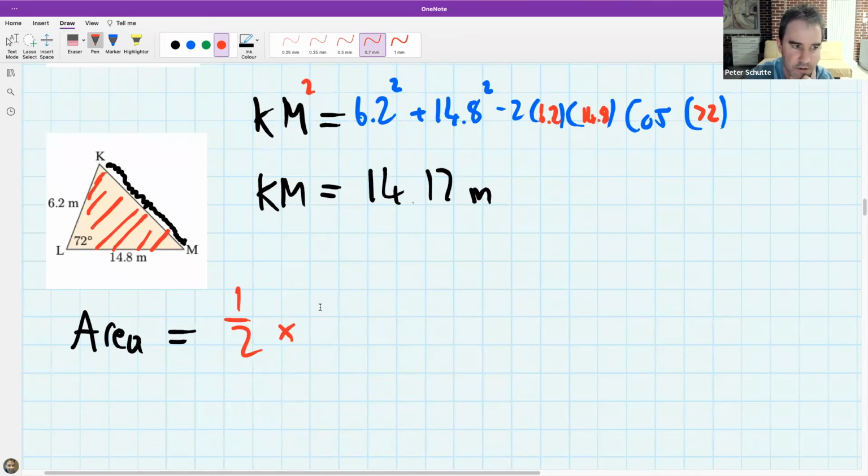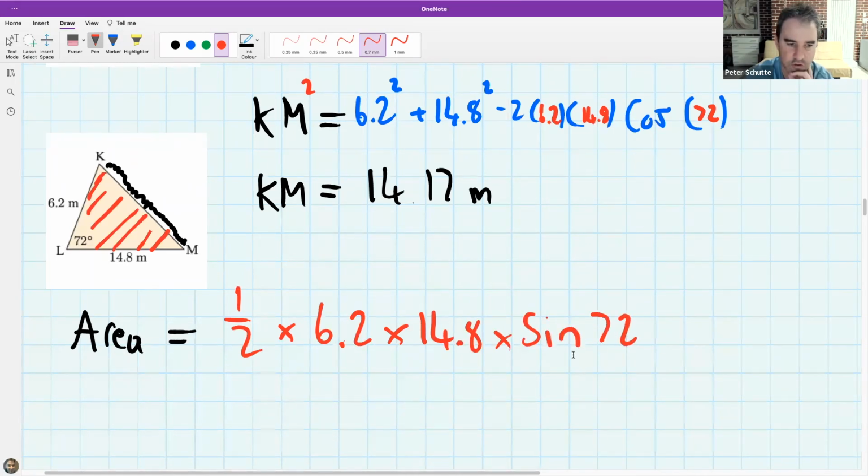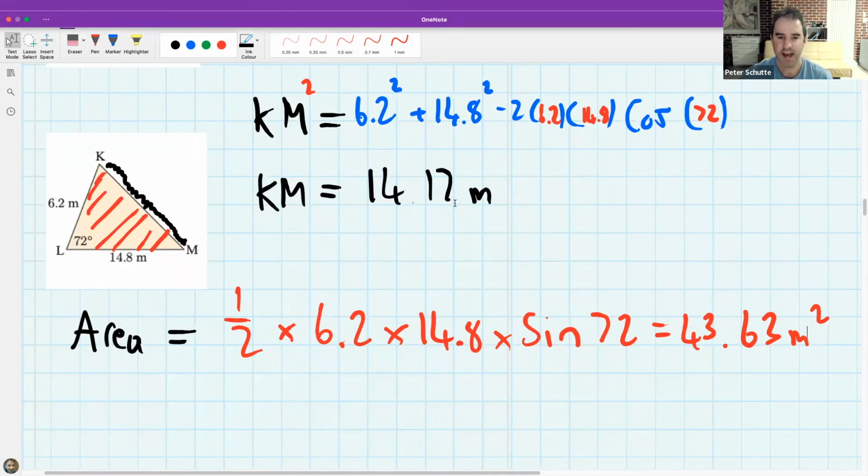So half times 6.2 times 14.8 times the sine of the angle in between those two, which should be, you are going to get 43.63 meters squared.